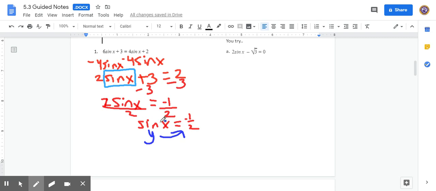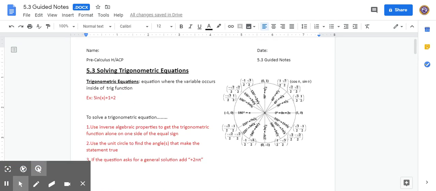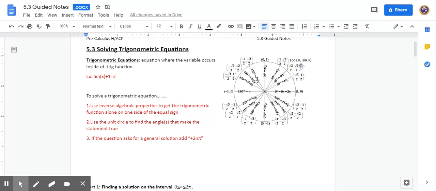Your x values are always your angle measures, and the number that's alone in the equation is what you look for in the point. So x is always an angle. Because this is sine, we want negative 1/2 to be the y value. If we go up to our circle and look at all the y values, I see here is a negative 1/2.